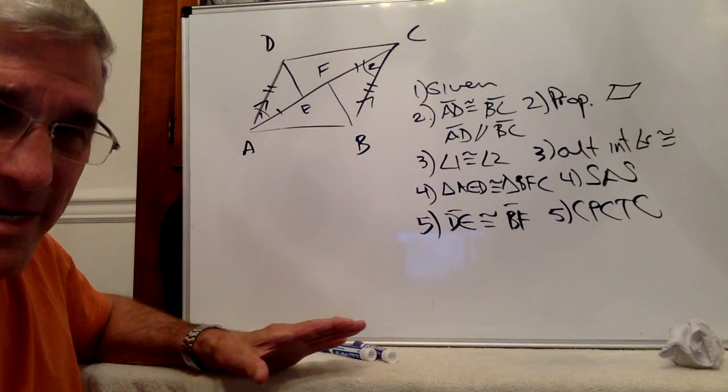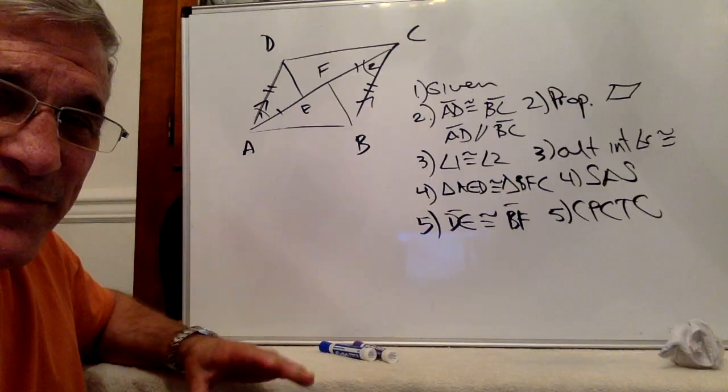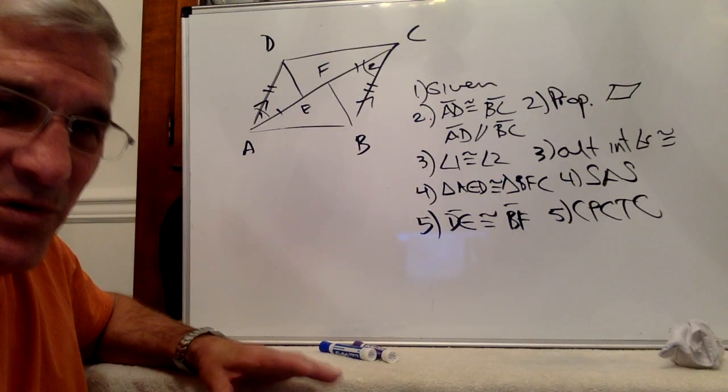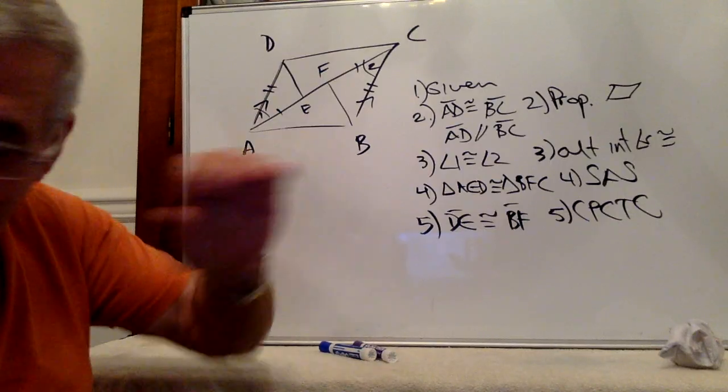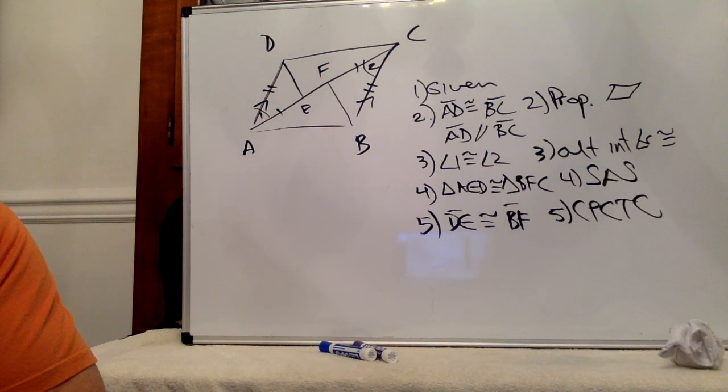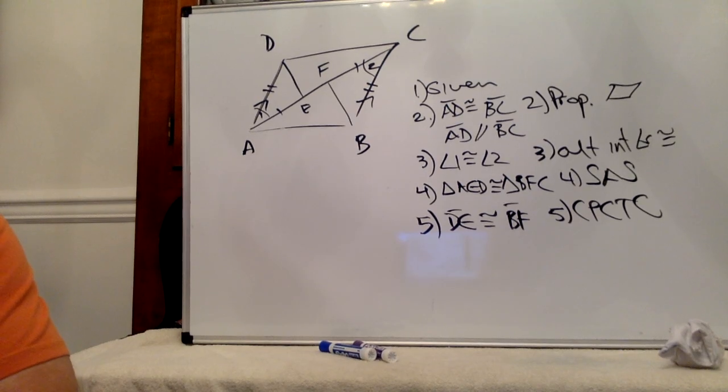I want to skip ahead to problem number 15. Because if you look at problem number 15, it's the exact same figure with the exact same given. So skip ahead, please.